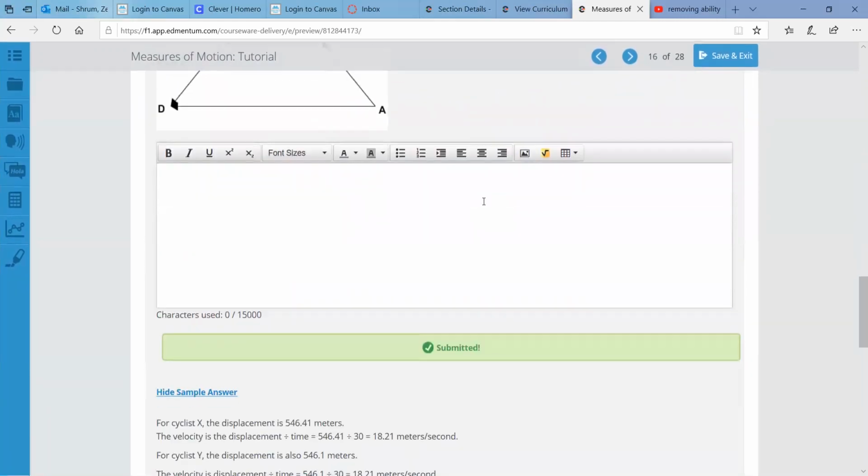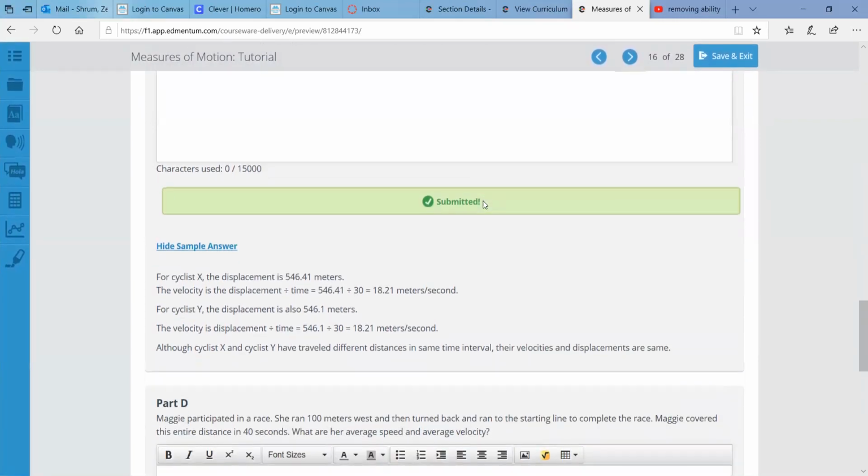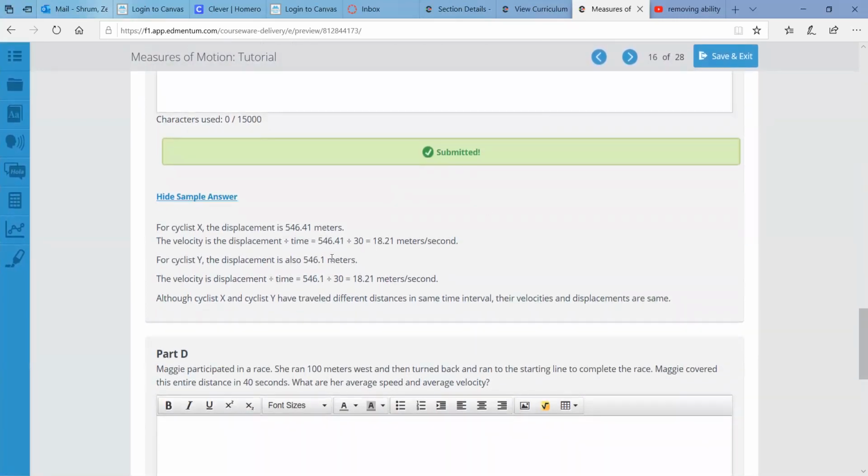Both their displacement is 546.41 meters because they wind up in the same spot. The velocity for X is the displacement divided by time. So we have 546.41 divided by 30 seconds is 18.21 meters per second.